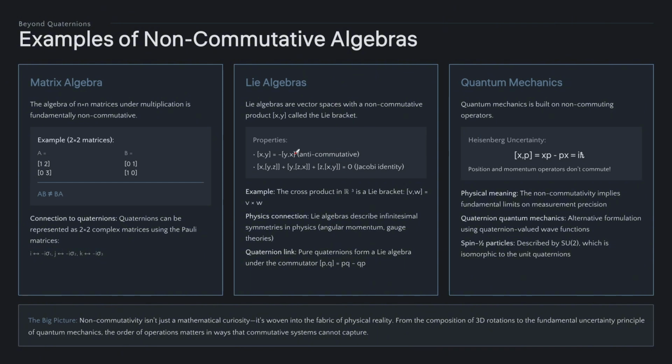Lie algebras, which describe symmetries in physics, are built on non-commutative brackets. Other non-commutative systems include matrix algebra and Clifford algebra, although I don't know what it is, showing how deeply non-commutativity is woven into mathematics and nature.